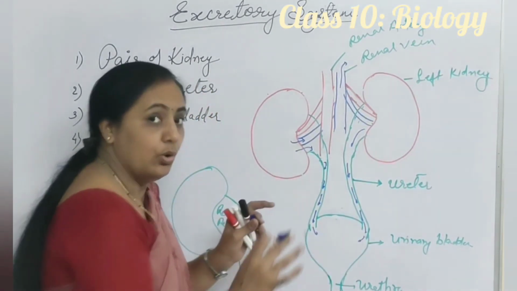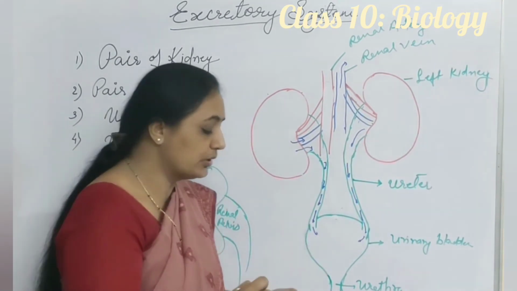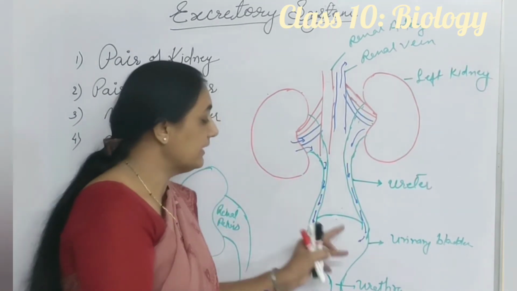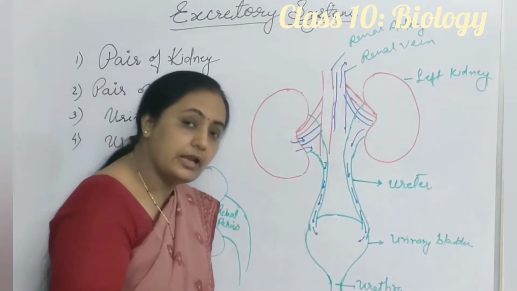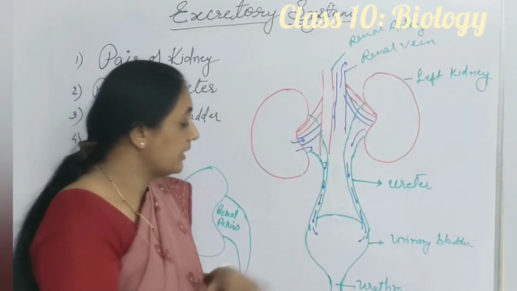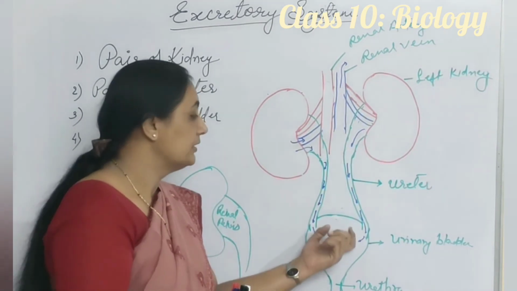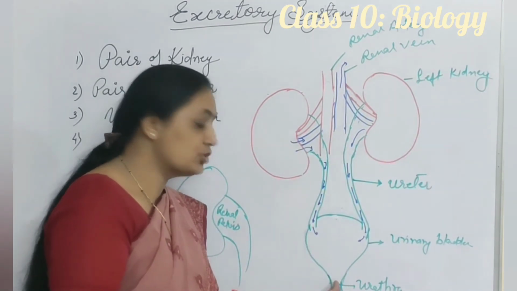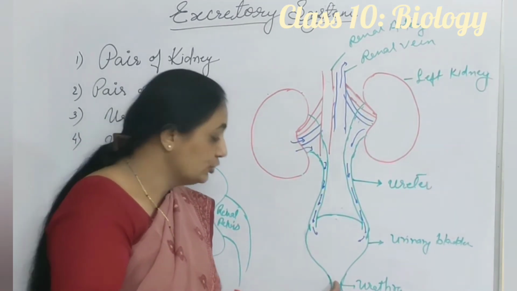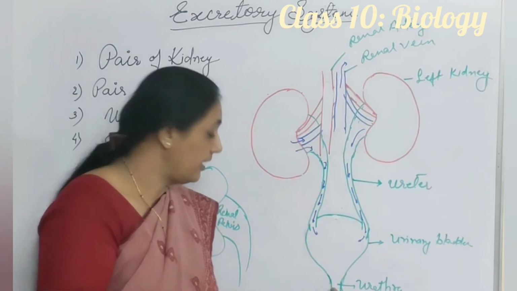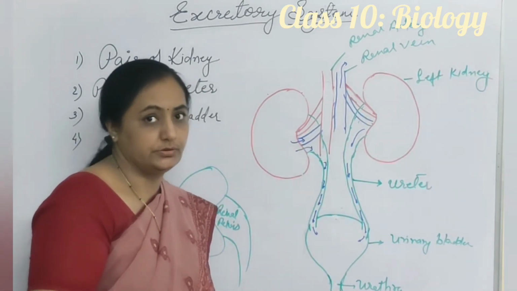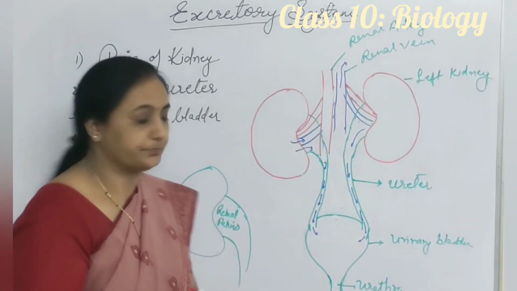The urinary bladder holds and stores the urine till it gets filled, and as soon as nervous impulses are received, the bladder opens the sphincter present in the urethra, and through the urethra the urine is released from the body.